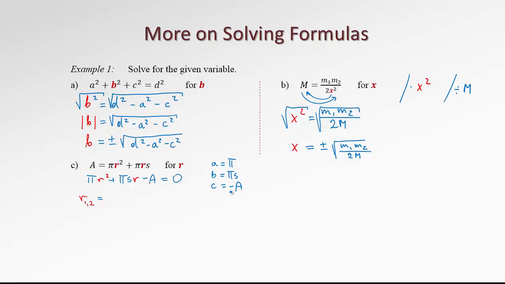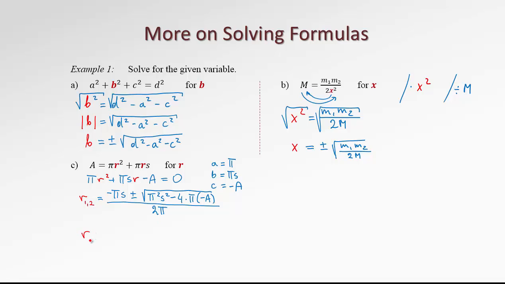Let's use this information. So we're supposed to write negative b, meaning negative pi s, and then plus or minus the square root of b squared, so that's pi s squared, pi squared s squared, minus 4 times a, which is pi, times c, which is negative a. Everything over 2 times a, so in our case it is 2 pi.